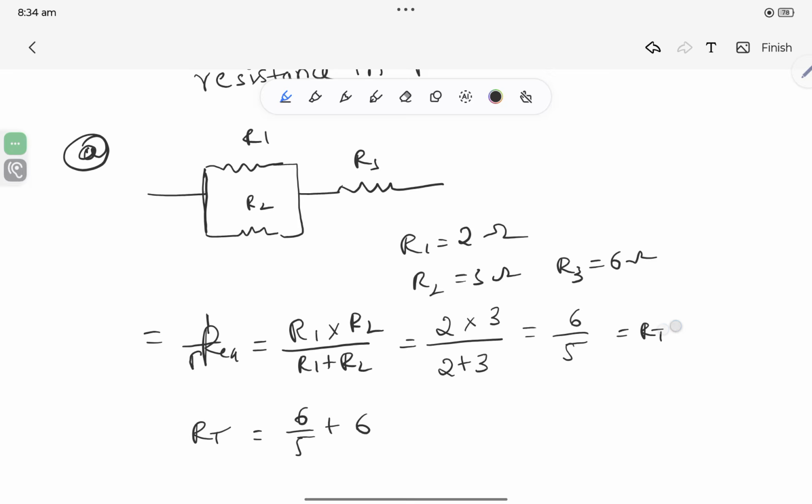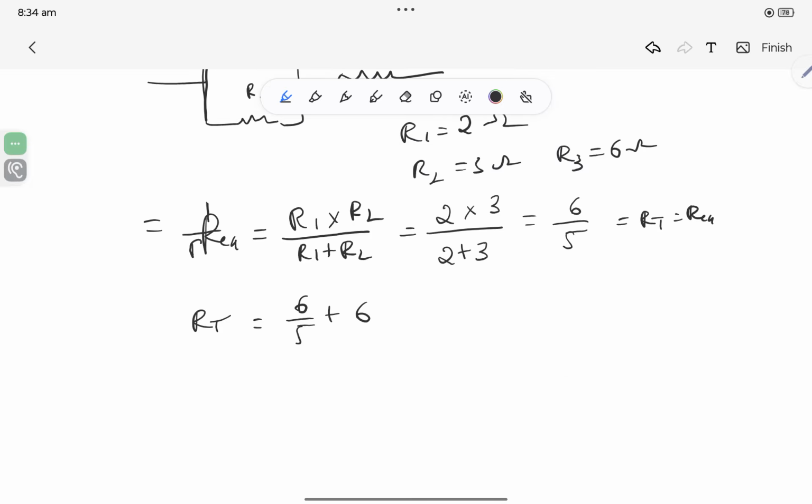R total is equal to R equivalent plus R3, 6 by 5 plus 6, which is 6 plus 30 by 5, that is 36 by 5. This is not possible.